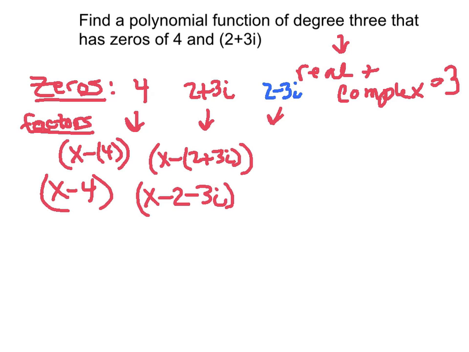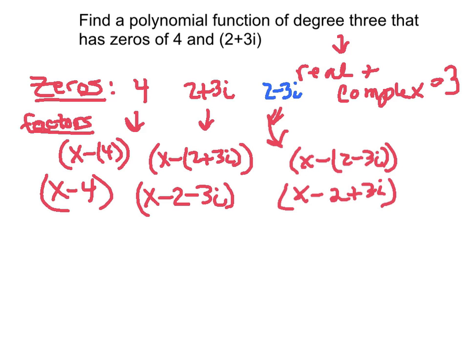And finally, if I have a zero of 2 minus 3i, then x minus the quantity 2 minus 3i will also be a factor. When you simplify this, you will get x minus 2 plus 3i. The reason it's plus is that we have to subtract this whole quantity, both terms.